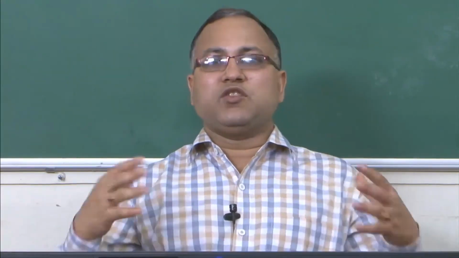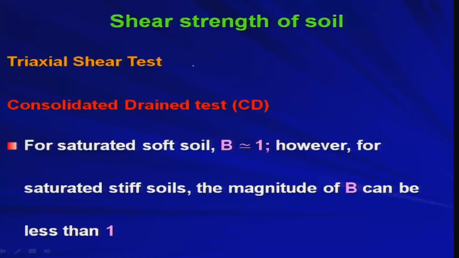So, therefore, for saturated soil, B is approximately equal to 1, that means delta u c, that is the excess pore water pressure, must be equal to sigma 3, that means there is no enhancement in the effective stress. So, whatever sigma 3 you are applying is completely taken care of by the water present inside the soil specimen. So, therefore, B is approximately equal to 1. However, for saturated stiff clay, the magnitude of B can be less than 1. Okay.